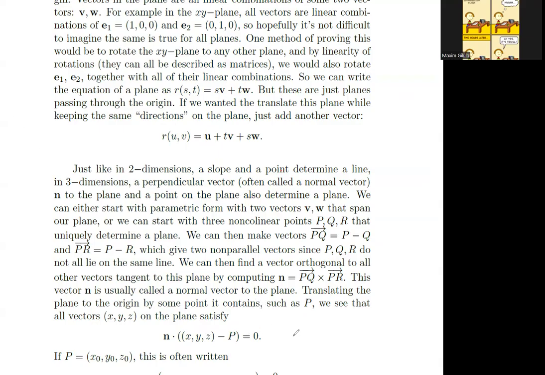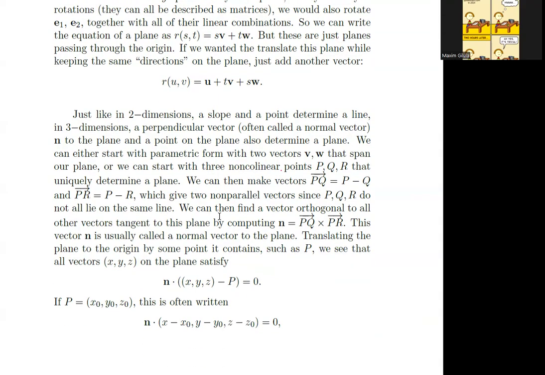We will be rewriting it in a few different ways. So this is like n dot (x, y, z) minus n dot p is 0. And you can check that what point you pick doesn't actually matter for this equation, even though it looks like it does depend on the point p. So you could try to figure out why it doesn't depend on a point p on the plane.